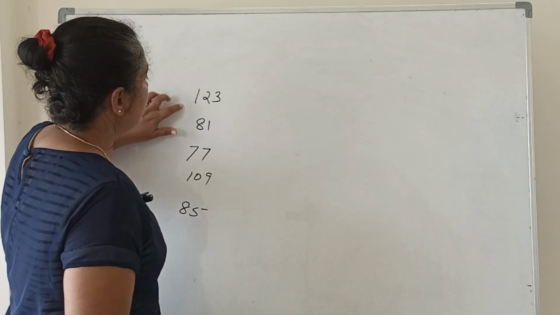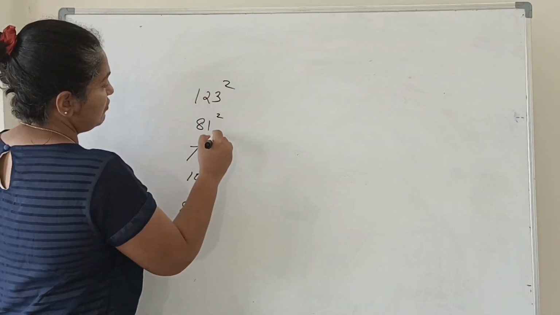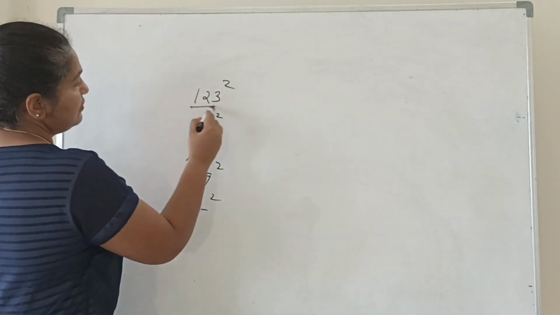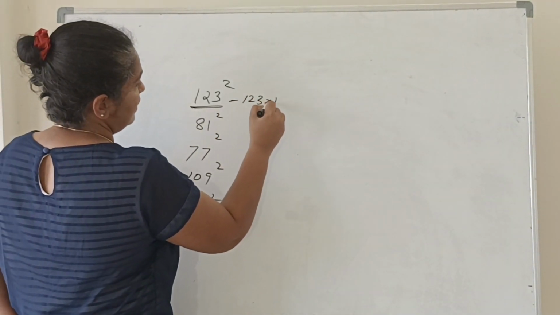Okay, what would be the last digit of the squares of these numbers is what we need to know. 123 squared is 123 into 123.